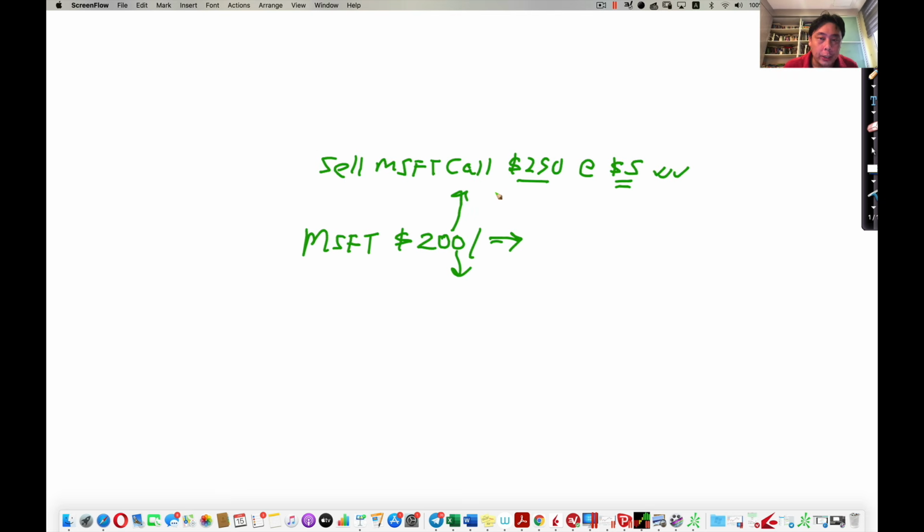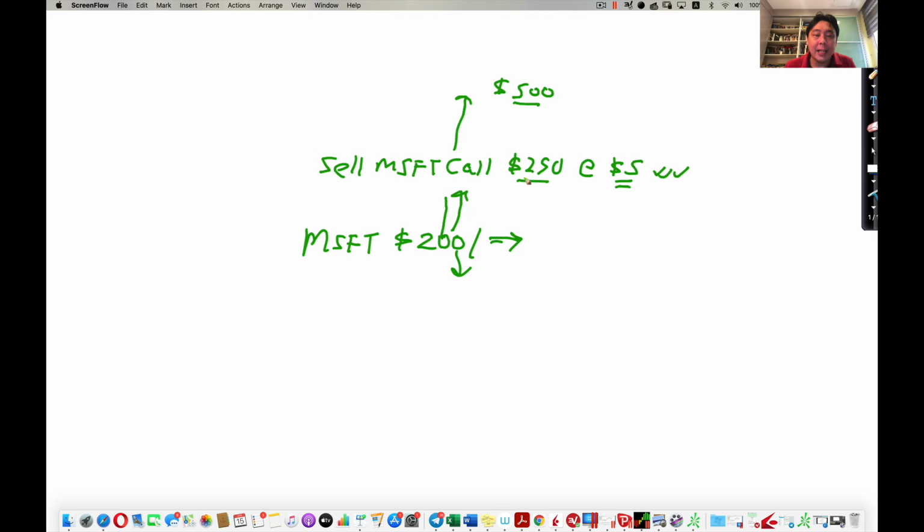But the danger is, what happens if Microsoft goes way up? And say Microsoft goes to $500. What would happen to this person who sold the call? This person could be you, right? Now the call seller is obligated to sell 100 shares at $250.